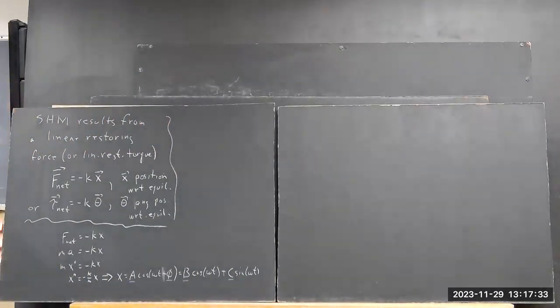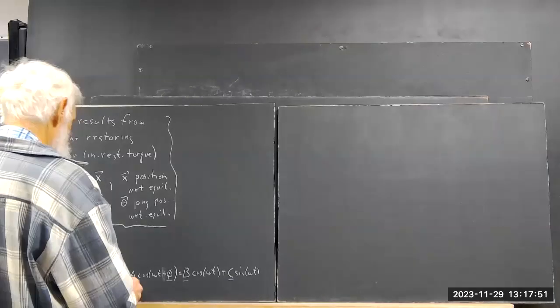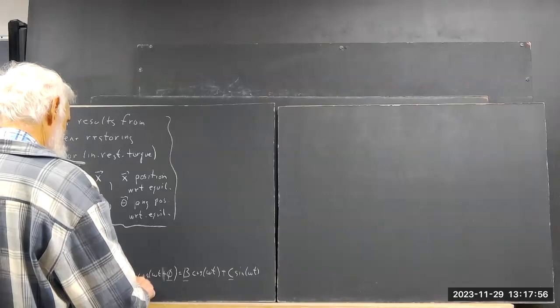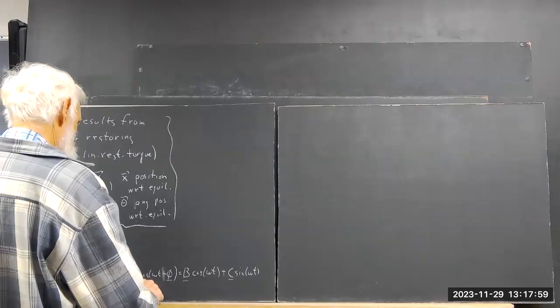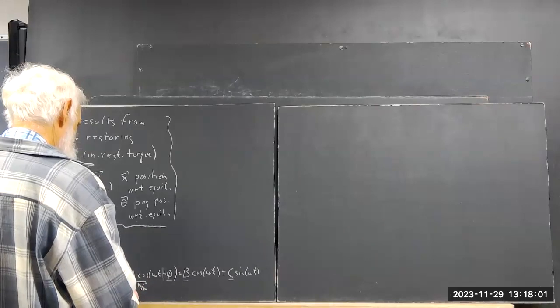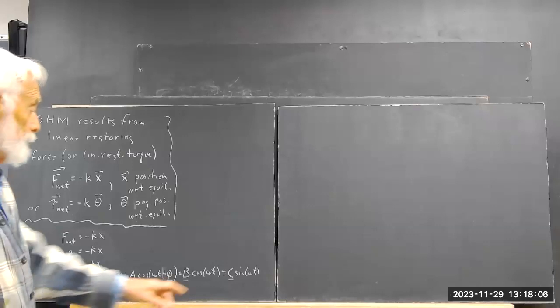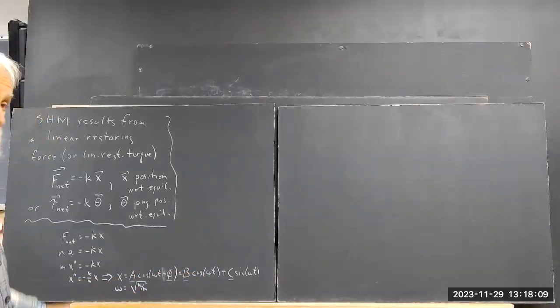It's obvious if you plug in cosine of omega t for x, the second derivative is negative omega squared cosine omega t. Omega is the square root of k over m. So it's very easy to verify this or this as a solution to the equation.